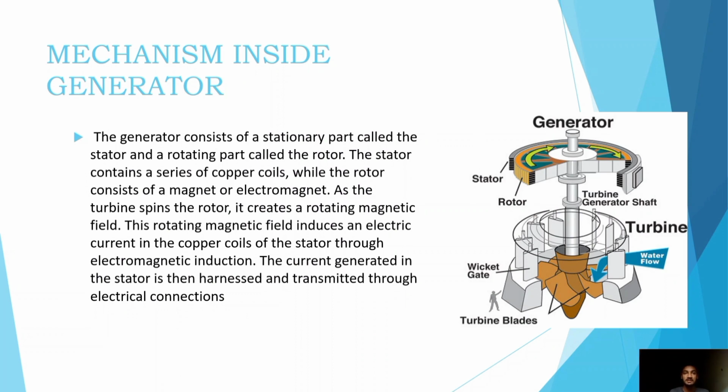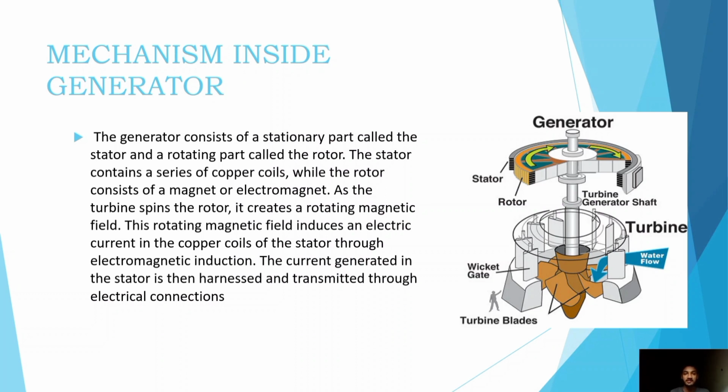Now we see the mechanism inside the generator. Basically, the generator consists of a stationary part called the stator and a rotary part called the rotor, as you see in the figure. The stator contains a series of copper coils, while the rotor consists of magnets or electromagnets.